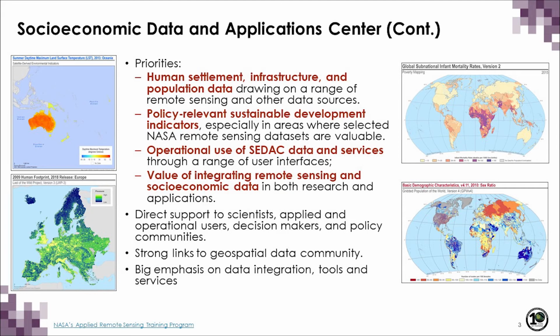In terms of communities, SEDAC offers direct support to scientists, applied and operational users, decision makers, and policy communities, and also has strong links to the geospatial data community. And for all this, it puts a big emphasis on data integration, tools, and services.